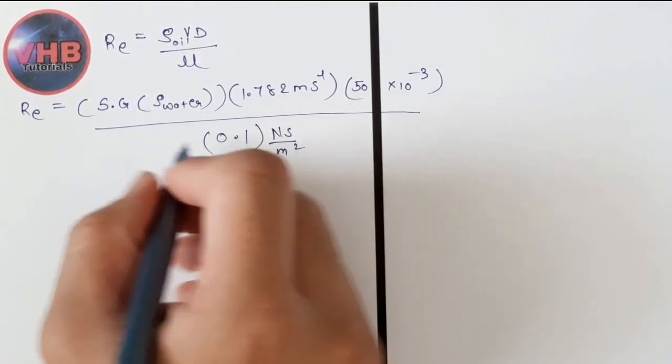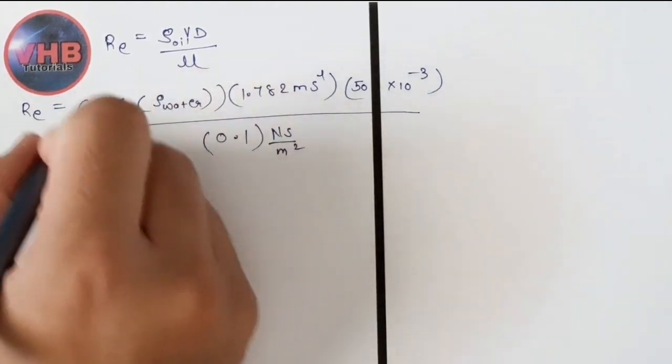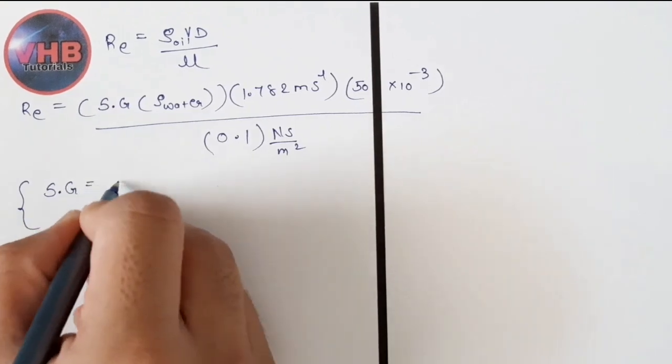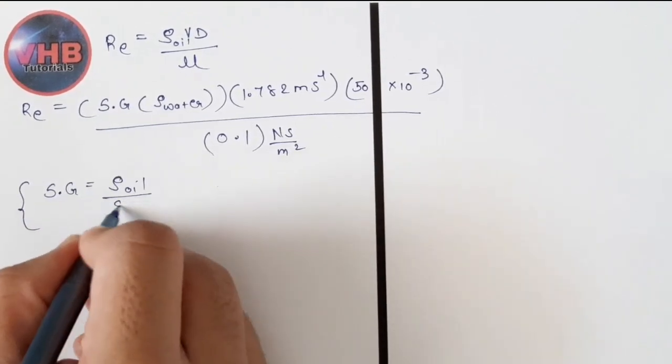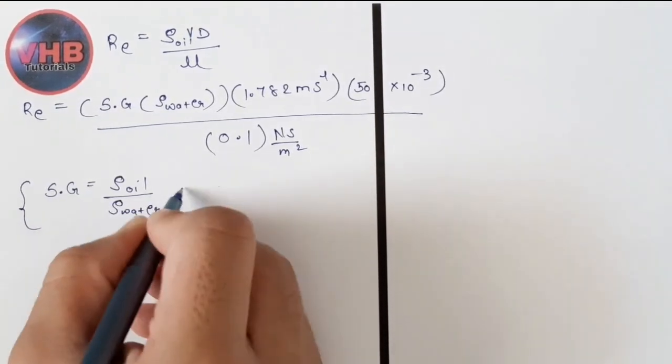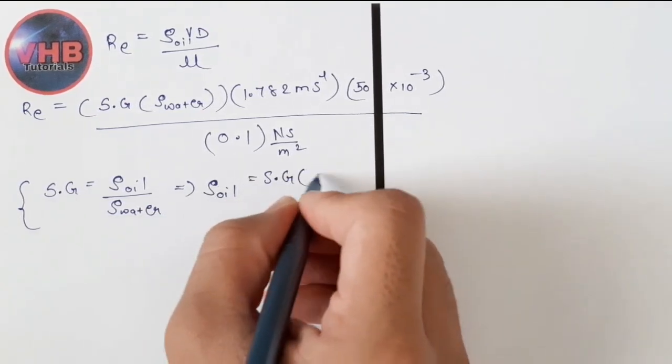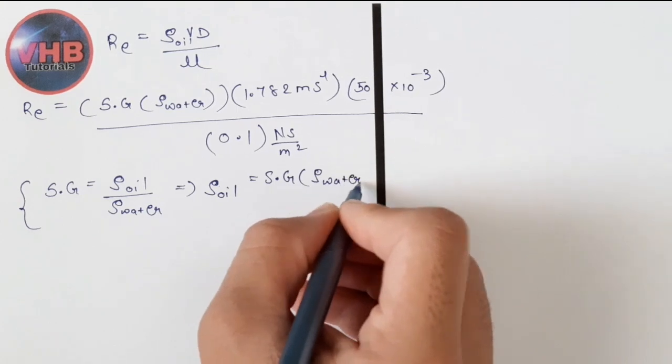The equation for the density of oil comes from specific gravity, which is density of oil upon density of water. So density of oil equals specific gravity into density of water.